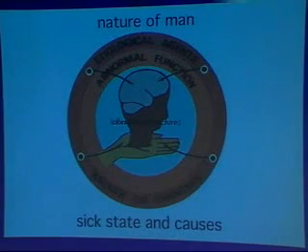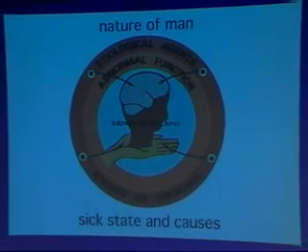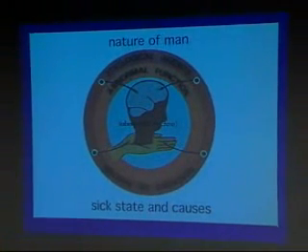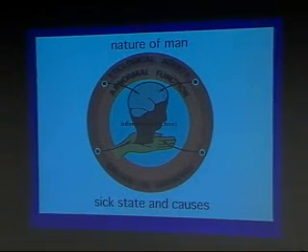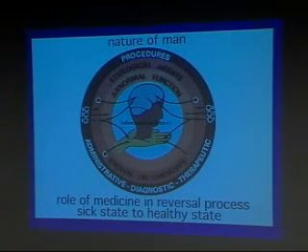Now, for this to happen to you, there must be some cause, either outside the body, inside the body, or unknown. So there is something that acts on you for your state to go from a normal state to a sick state. That's the basic philosophy.